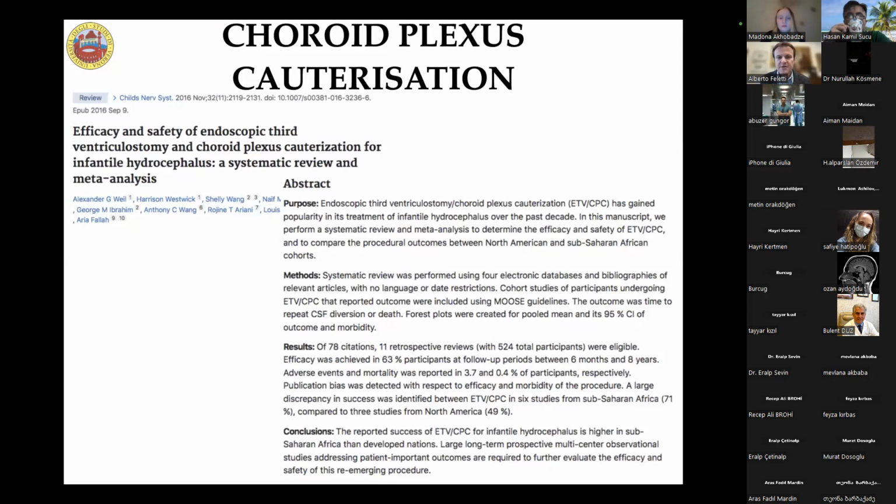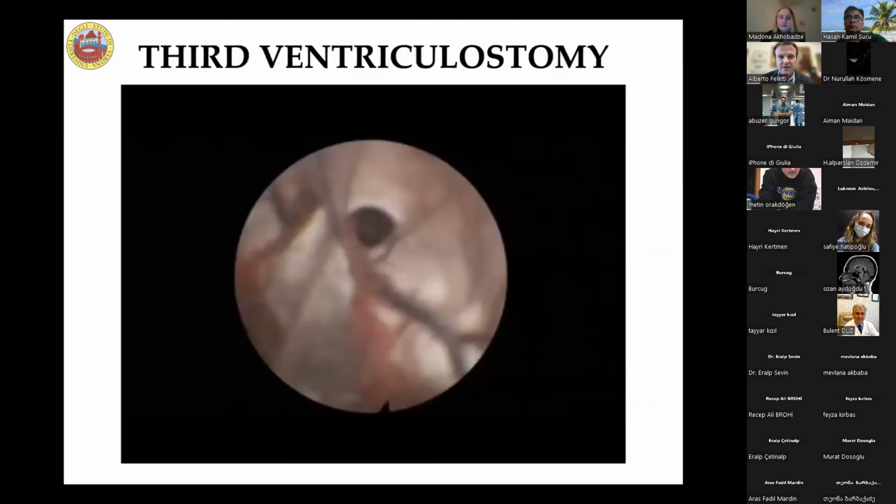After many years where we neglected this kind of operation in developed countries, a few years ago, a North American paper, systematic review and meta-analysis, was published, bringing up to interest this kind of operation also in developed countries. So this is another interesting option that endoscopes give us.